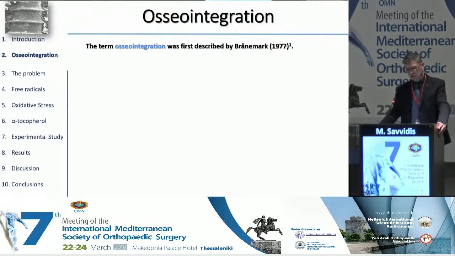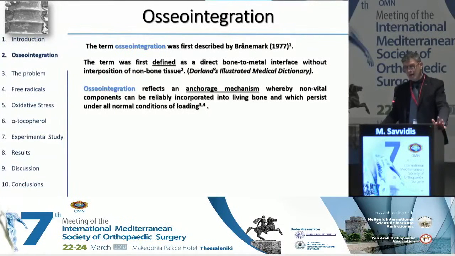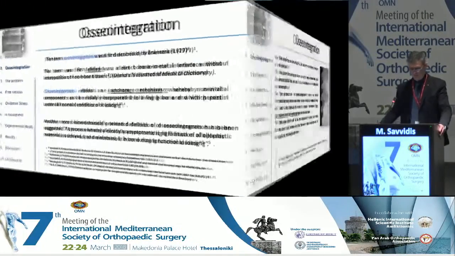What is osseointegration? The term was first described by Brånemark back in 1977 and was defined as a direct bone-to-metal interface without interposition of non-bone tissue, and reflects an anchorage mechanism. A biomechanically oriented definition is a process whereby clinically asymptomatic rigid fixation of alloplastic material is achieved and maintained in bone during functional loading.